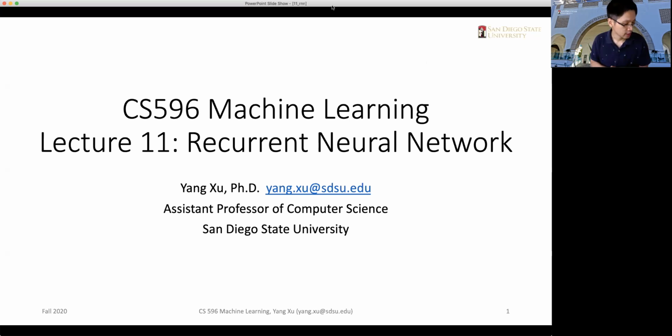And also take another example, say, if we want to understand the semantics of a sentence, right? I have said several words, say, this is a machine learning class. And in order to have the computer understand what that sentence means, then we basically need to take each word as input, okay? But the order of the words also contains very rich information.